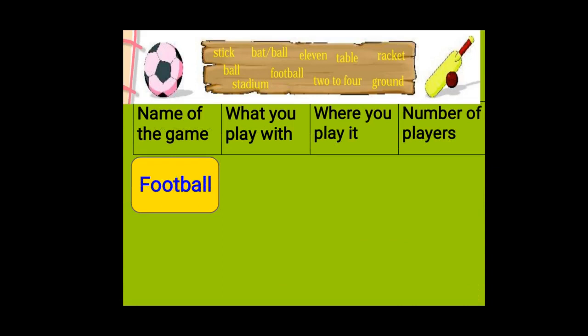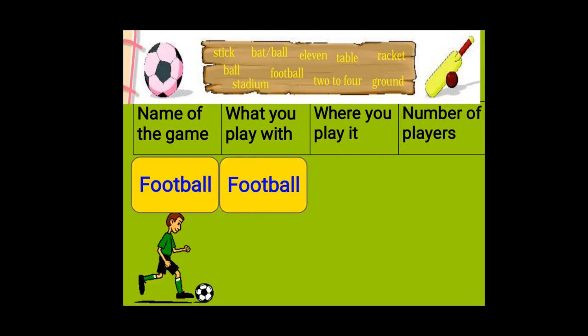Next game is football, and I think you all must know it is played using a football. नाम ही फुटबॉल है इस गेम का. उसे किससे खेला जाता है? फुटबॉल से ही खेला जाता है. Where you play it? The place.